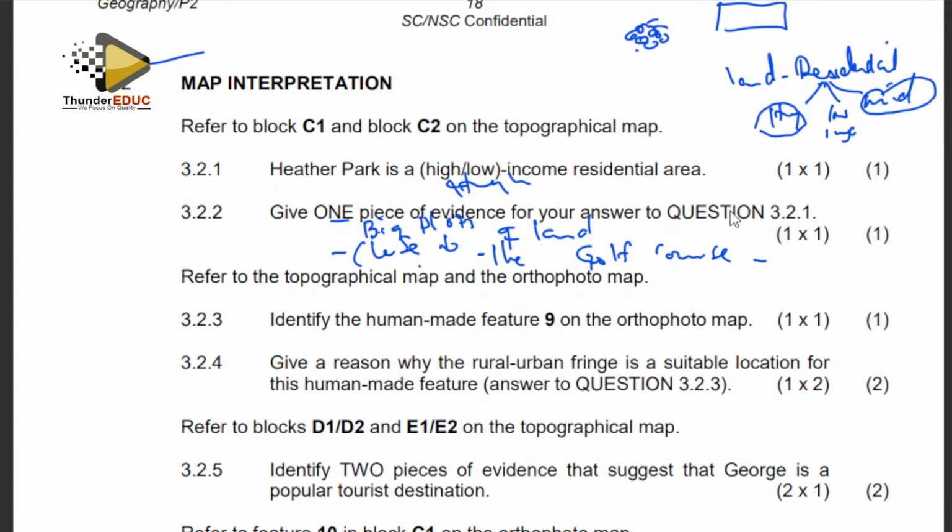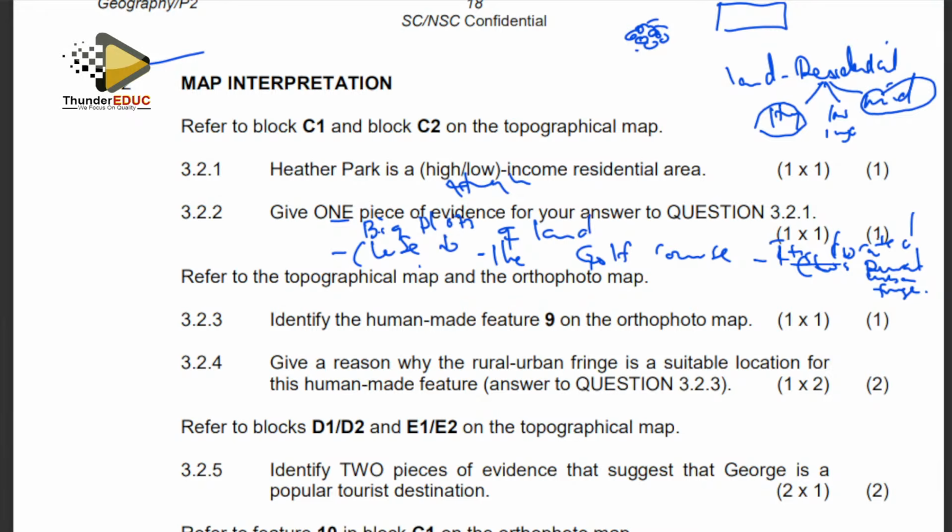So the people who are rich are the ones that go that other side next to a golf course. So you can also give another evidence as it is located close to, or within, the rural urban fringe. So in that sense, you'll get all your marks. Remember it's a 1 mark question.